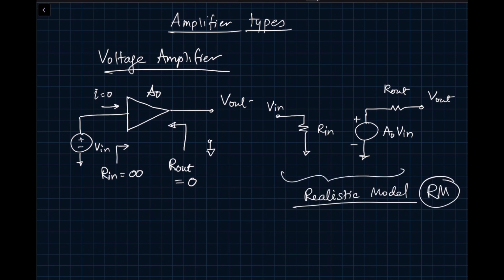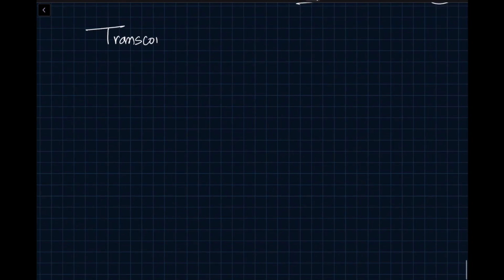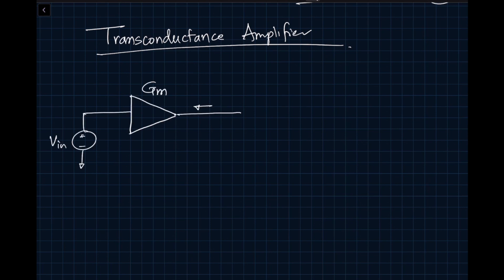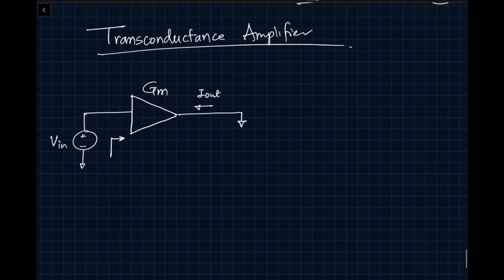Next amplifier we're going to talk about is a transconductance amplifier. So in the voltage amplifier we had input voltage and output voltage. So in the transconductance amplifier, we have input voltage. So since input is voltage, we would like to see Rin equal to infinity.